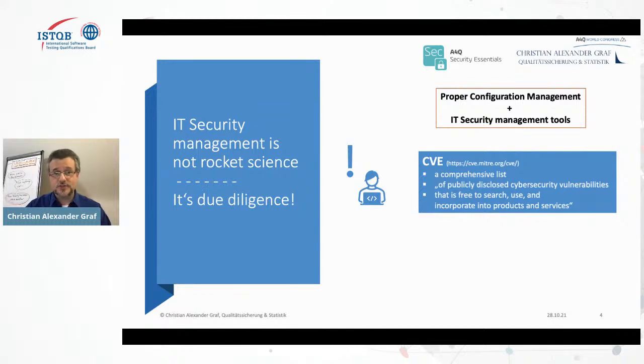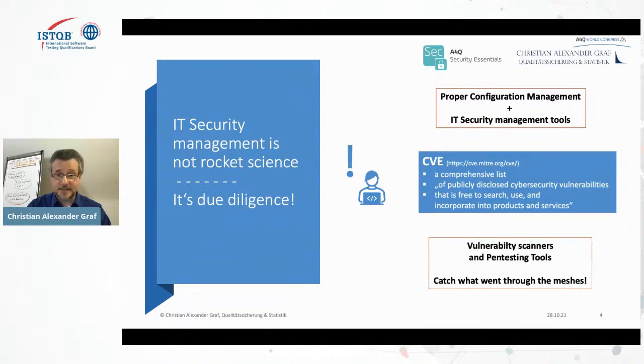The other point is you still might have systems that are not on your list, that maybe are part of your shadow IT. So systems that you don't know about, systems that have been installed without your knowledge, or systems that are not properly maintained in your configuration management. And therefore, you do additional vulnerability scans and use maybe some other pen testing tools.